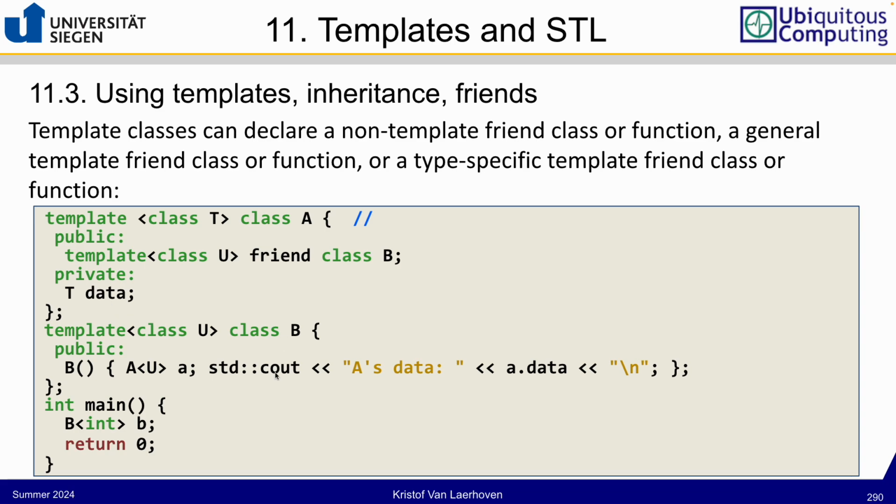So when we have our class B, we can, through its constructor, also create an object and then write out its data. And the fact that we can write out this data is because it's a friend, and because it's a friend, it can have access to the private data of class A. So when we then construct our object B of template class B using a particular template, using integer, we can in that case immediately also create class A as an integer and get access to class A's attribute.